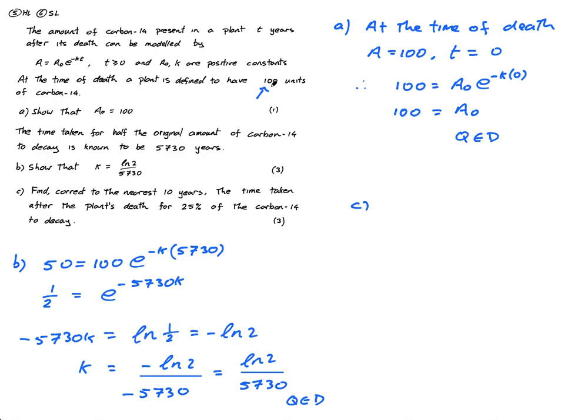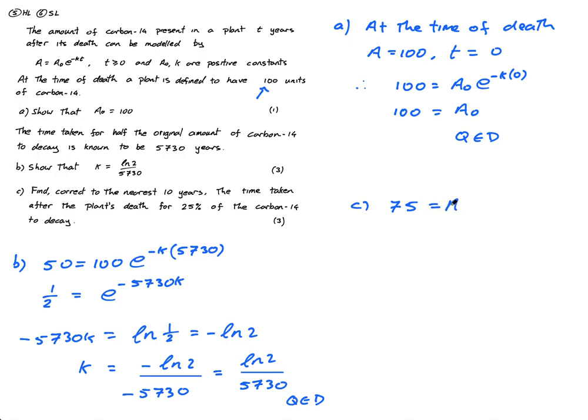But be careful of the question, because sometimes they say 25% left, and sometimes they say 25% decay. Well, he says it's decayed by 25%, which means there's 75% left. So A is just going to be 75 because it's 75% of 100.